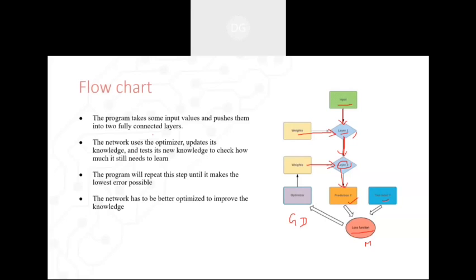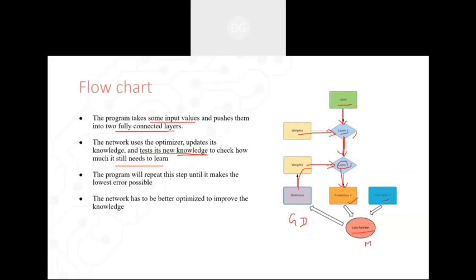So that is what you also mentioned: some input values will be passed to the fully connected layers, and then some learning will happen, and then testing with new knowledge. So first it has predicted with one thing and I am passing one new value to it. Each time it is learning, it is called knowledge, it is gaining some knowledge. Based on that it will try to learn something.